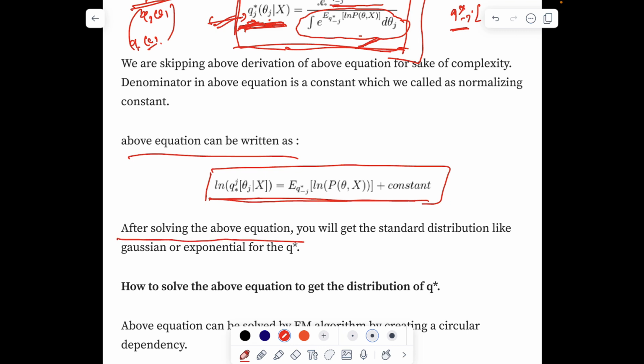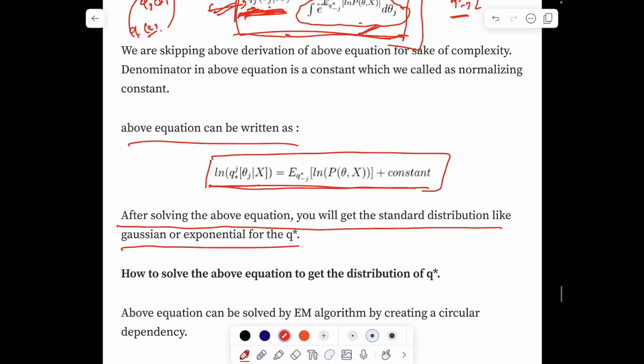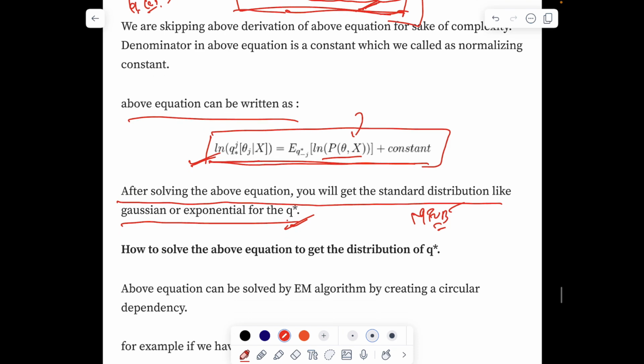Now after solving the above equation, we will get a standard distribution for q star. You will be given some distribution of p(theta given x), and just putting that distribution in, you will get a standard distribution. This is also an advantage of using the MFVB class of distribution.